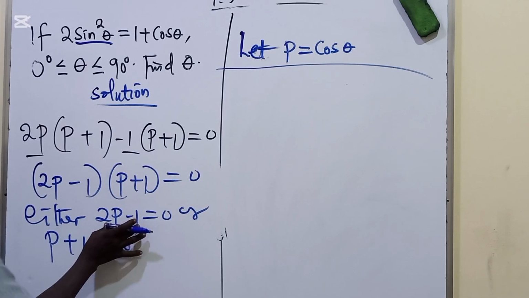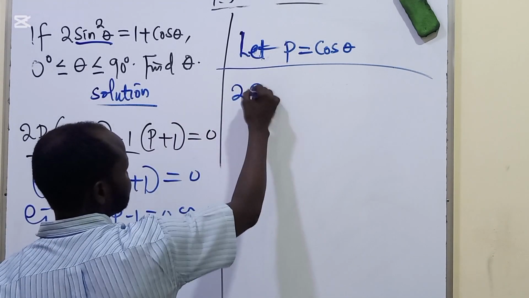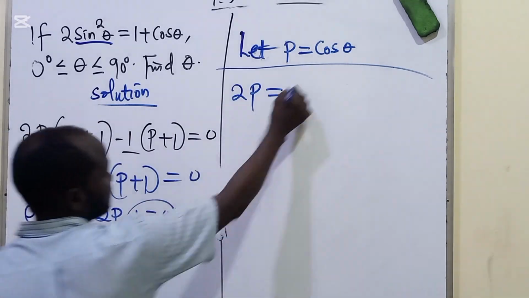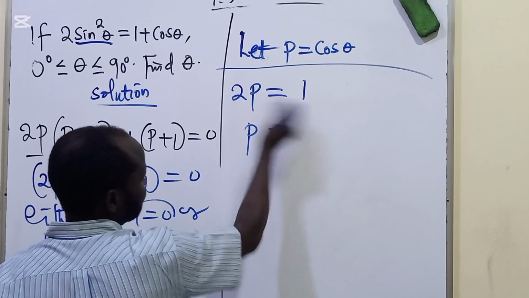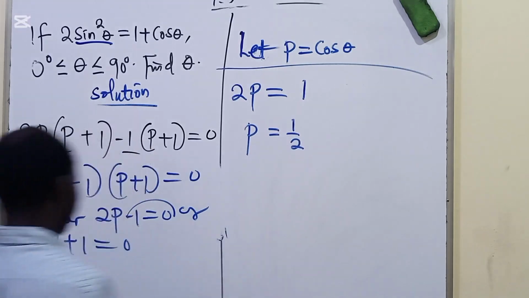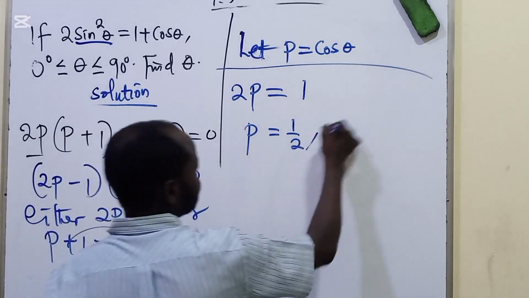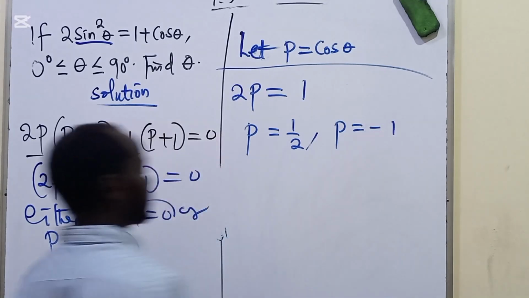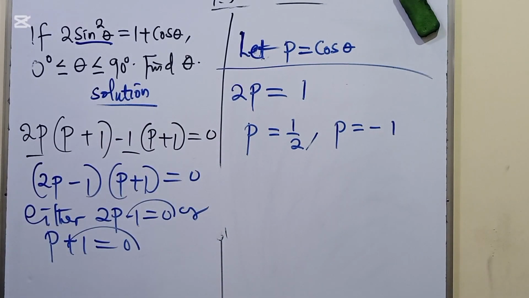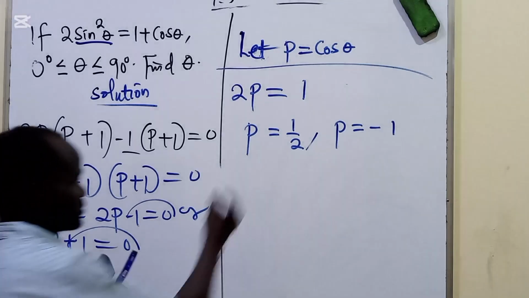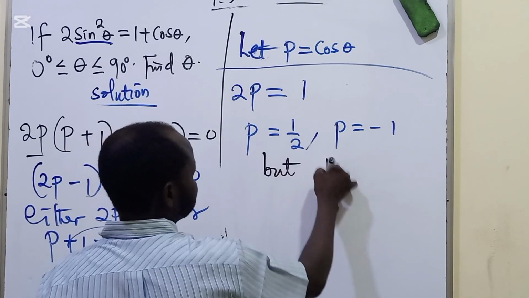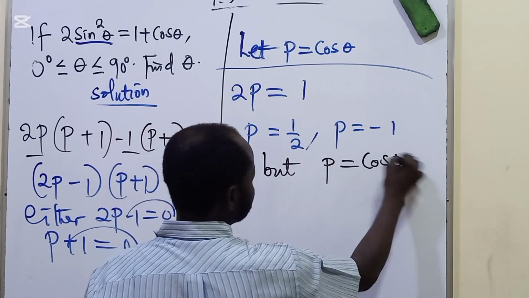Let's make P the subject of the formula here. This will be 2P equals 1, taking it to the other side. P now, dividing both sides by 2, will be half. Or, bringing 1 to this side, P will be minus 1. But this is not what we're looking for. We are looking for theta. But P is equal to cos theta.